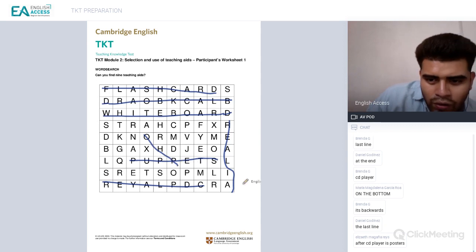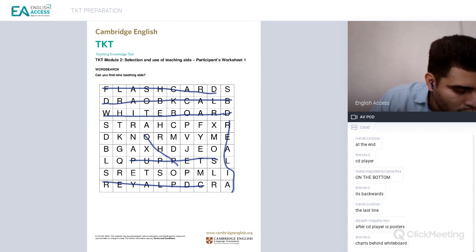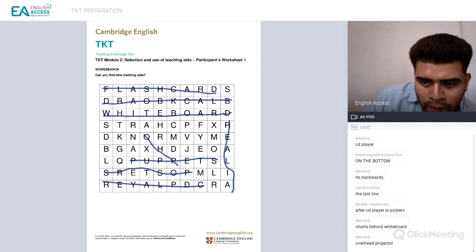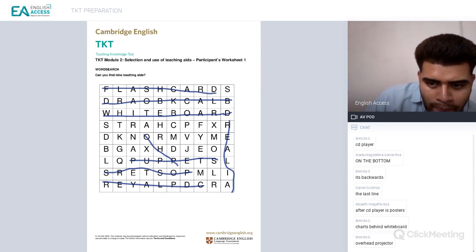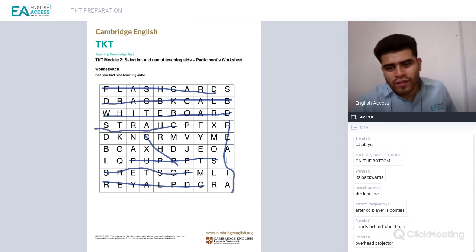OHP. What is OHP? Poster. Charts. Yes, very good.